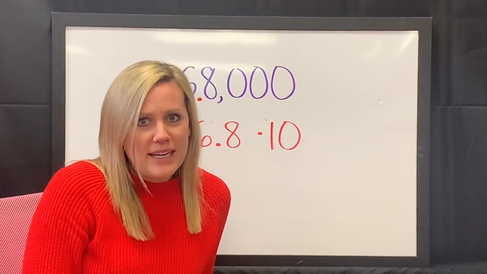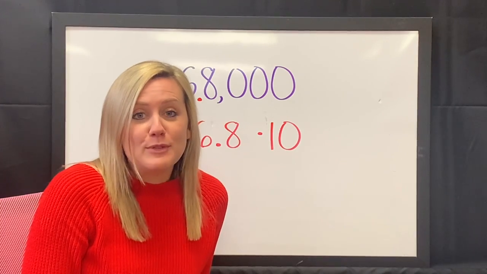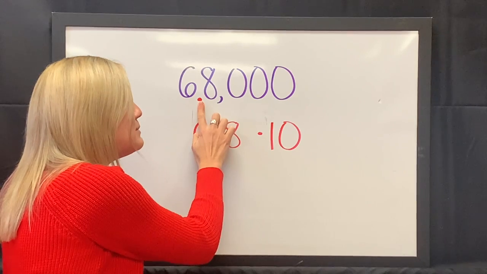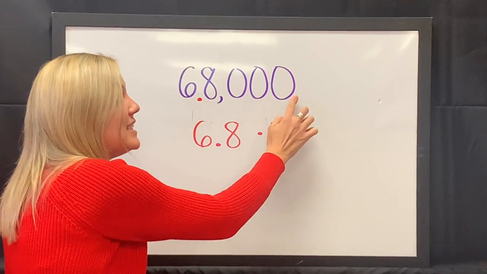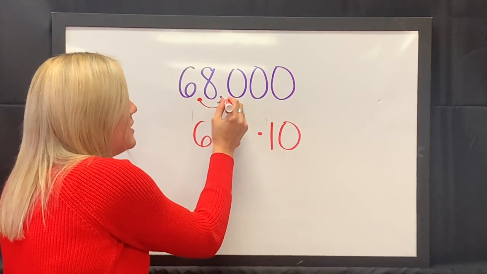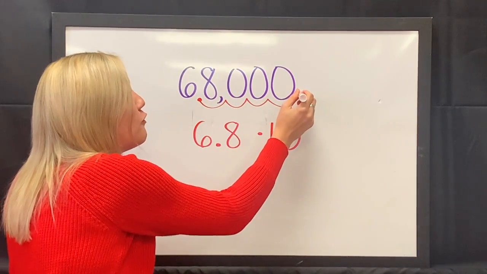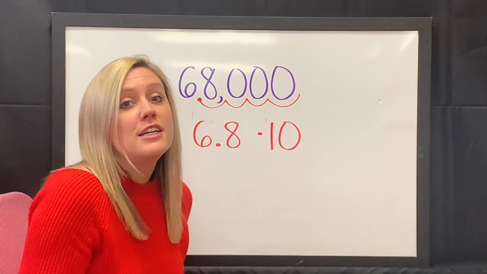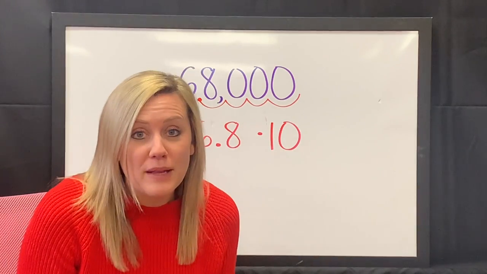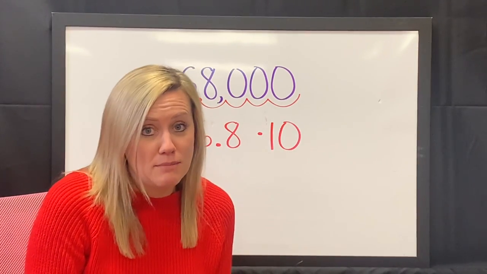An easy way to see how many times you would need to multiply by 10 is to take this decimal and see how many times it moves to the right to get to the end of your number. So this decimal would need to move 1, 2, 3, 4 times to the right. That means we would need to take the number 6.8 and multiply it by 10 4 times.